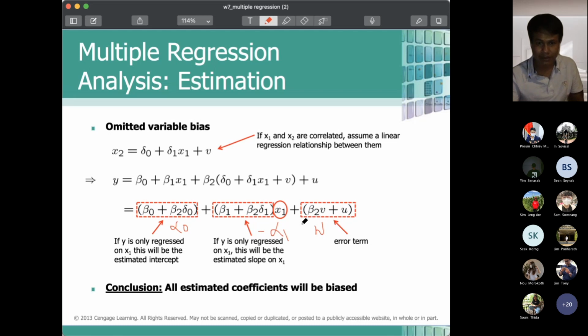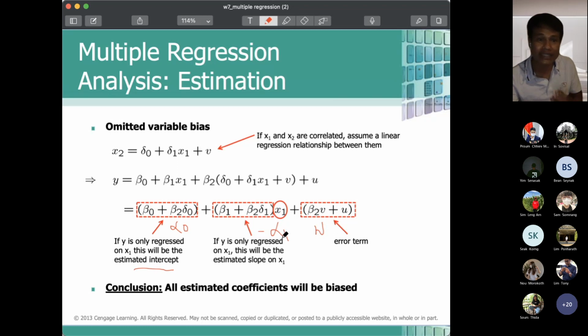If y is only regressed on x1 because we omitted x2, the estimated intercept is biased, because alpha 0 is beta 0 plus beta 2 delta 0. Originally, we only need beta 0.